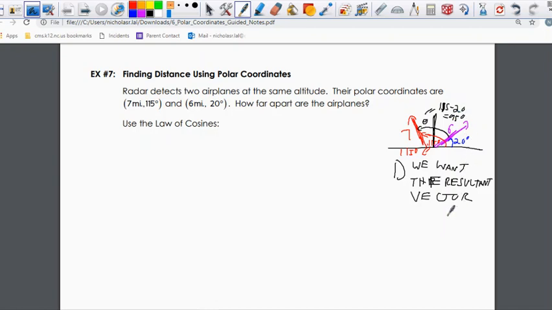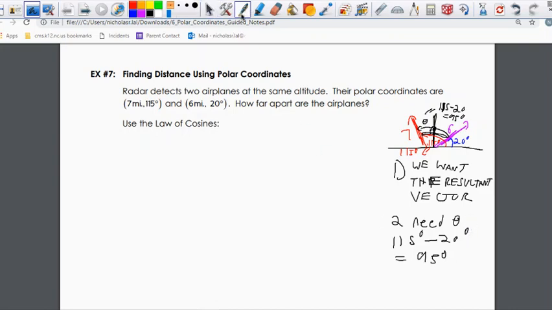So if we draw, because we need this theta value right here in between the two vectors, 115 degrees minus 20 degrees is equal to 95 degrees, because that's the theta between vectors.